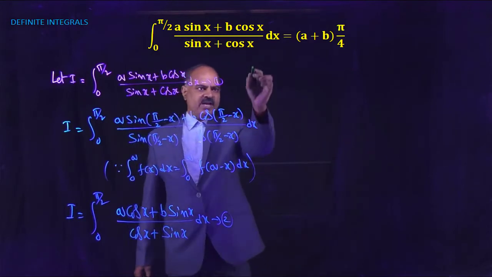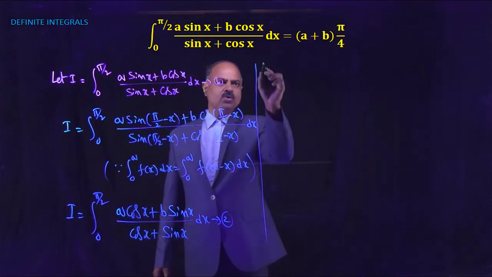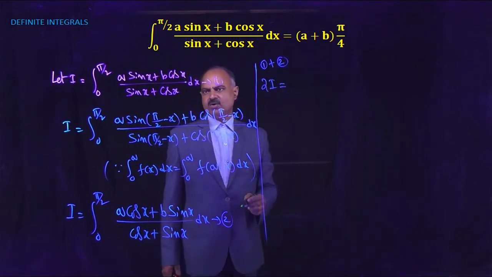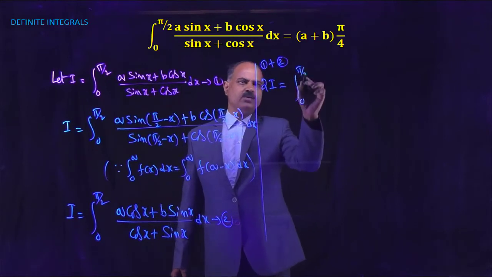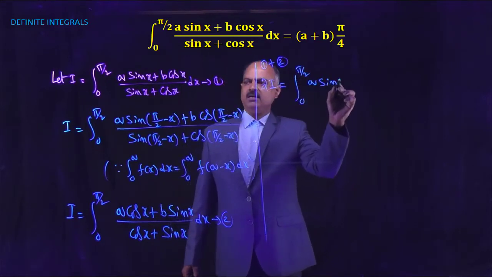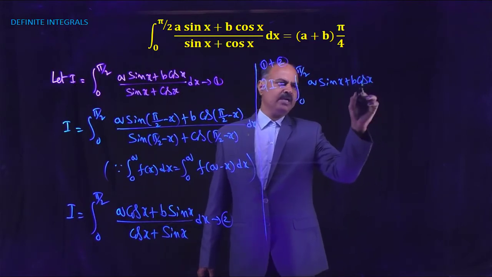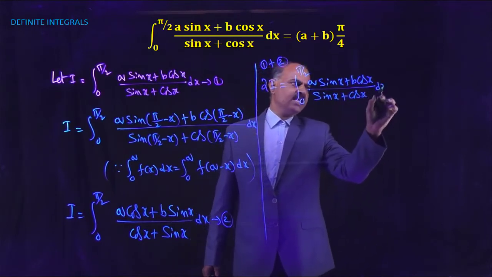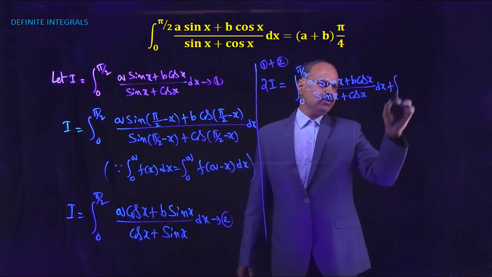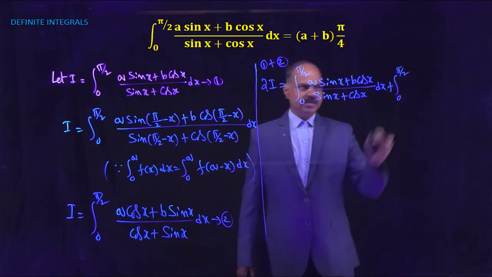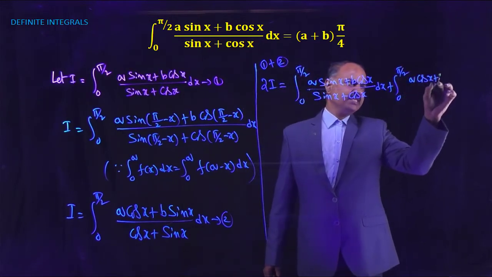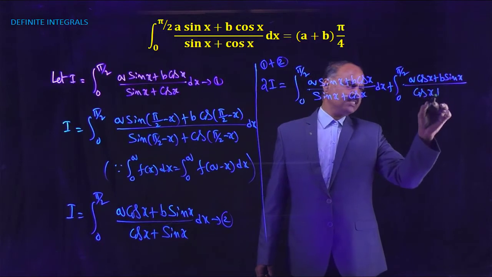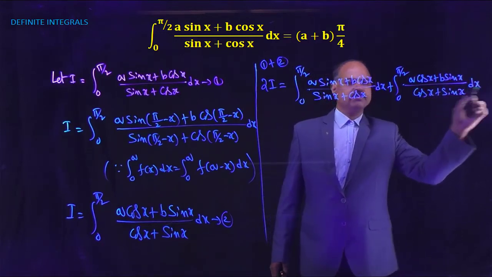Now adding 1 and 2, we get 2I equal to integral 0 to pi by 2 of (a sin x plus b cos x) by (sin x plus cos x) dx plus integral 0 to pi by 2 of (a cos x plus b sin x) divided by (cos x plus sin x) dx.